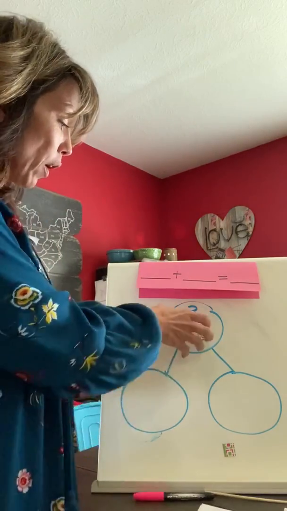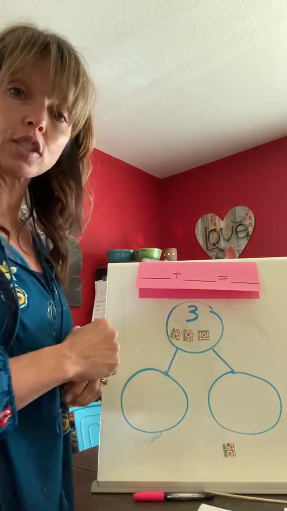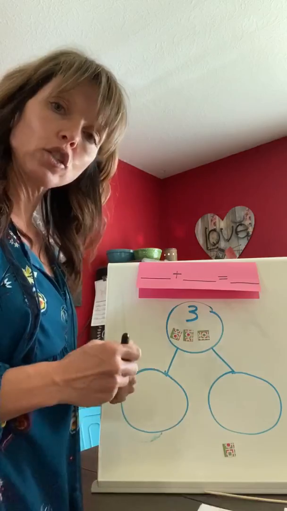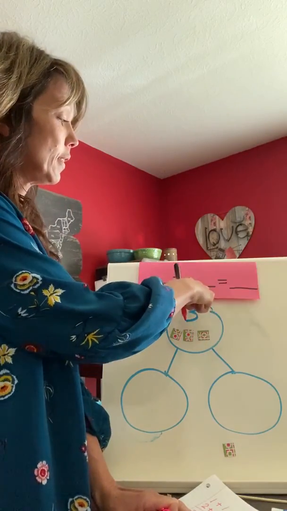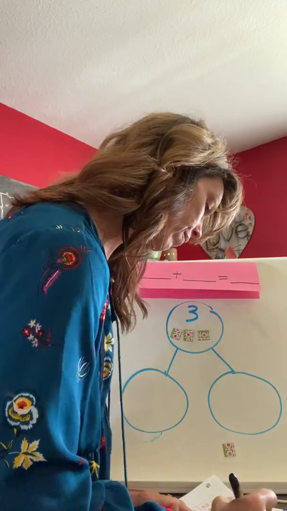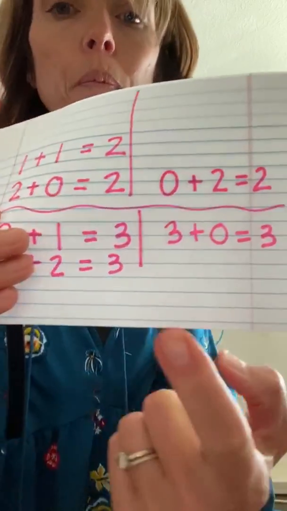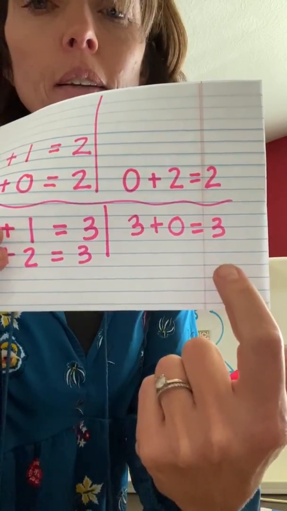So I brought this part up and I brought this part up, and the total number is 3. 3 plus 0 equals 3. Go ahead and show me what that looks like in a number sentence. 3 plus 0 equals 3.